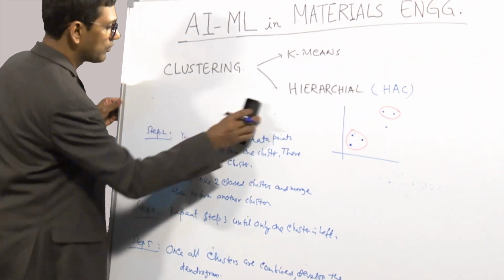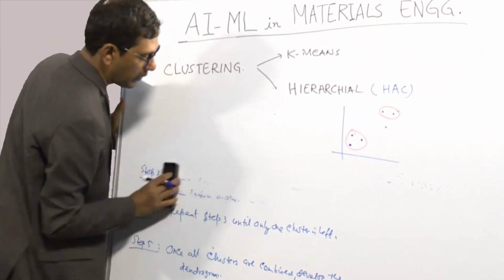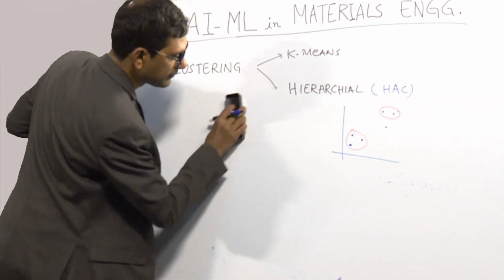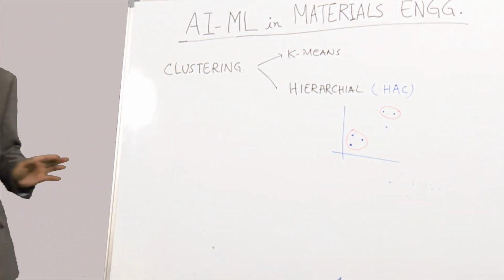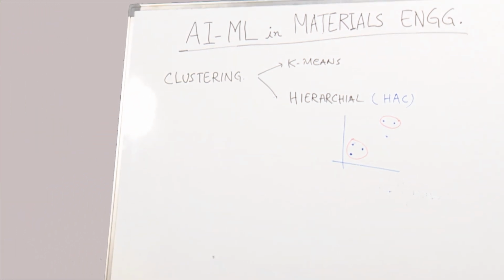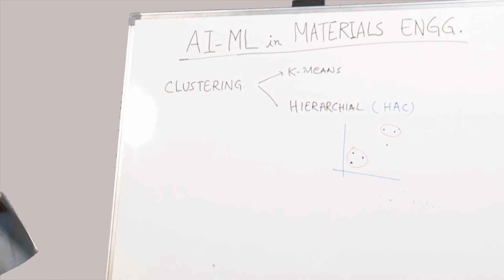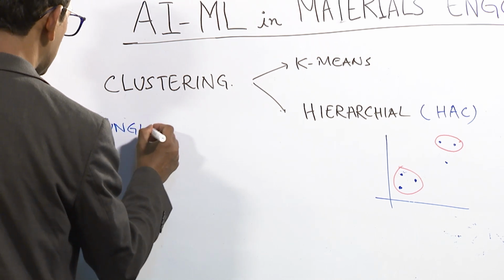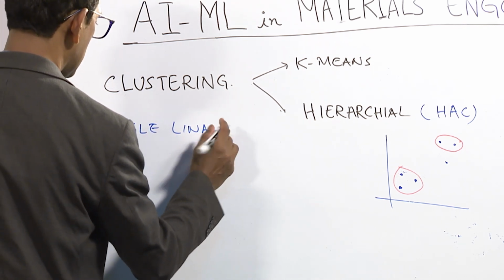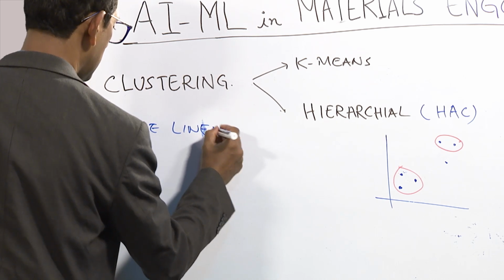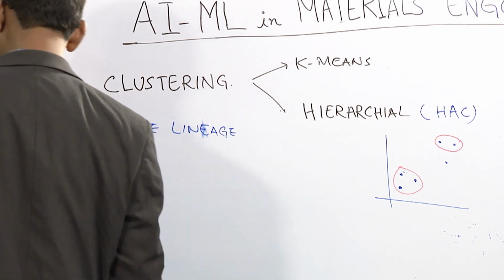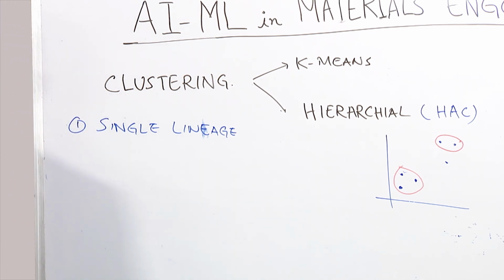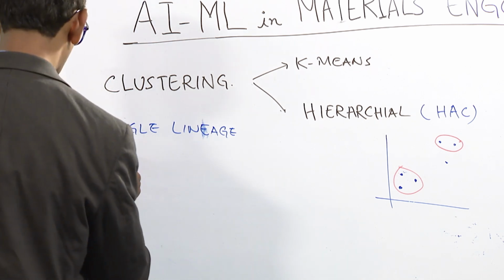I remove this, hope you have taken down whatever is written, the different steps. So, how to measure distance, because that is what it is. There are different kinds of ways of measuring distance. The first one is known as single linkage. What is it? This is the shortest distance between the closest data points of the clusters. Let us talk about this picture.